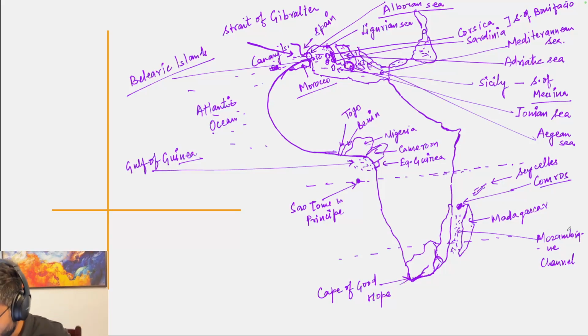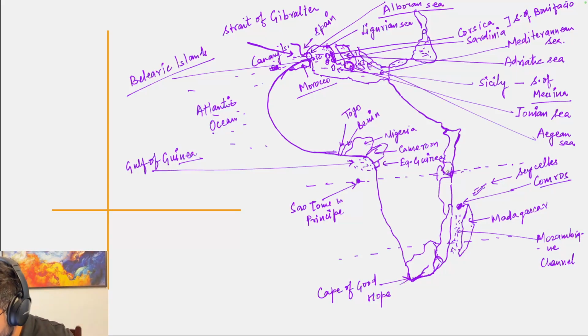Okay. Moving further north, you'll find a country over here, Tanzania. And then Kenya will start. Sorry, Kenya will start like this. And then this is the southern part of Somalia.